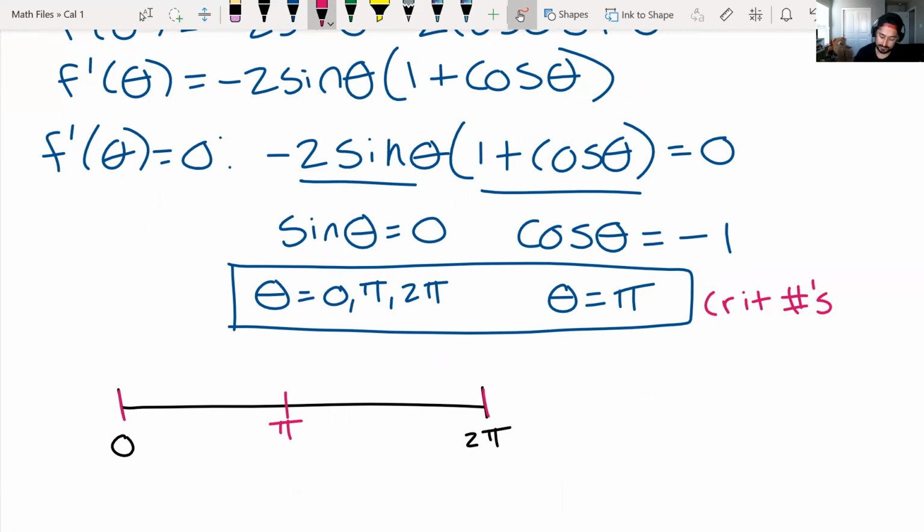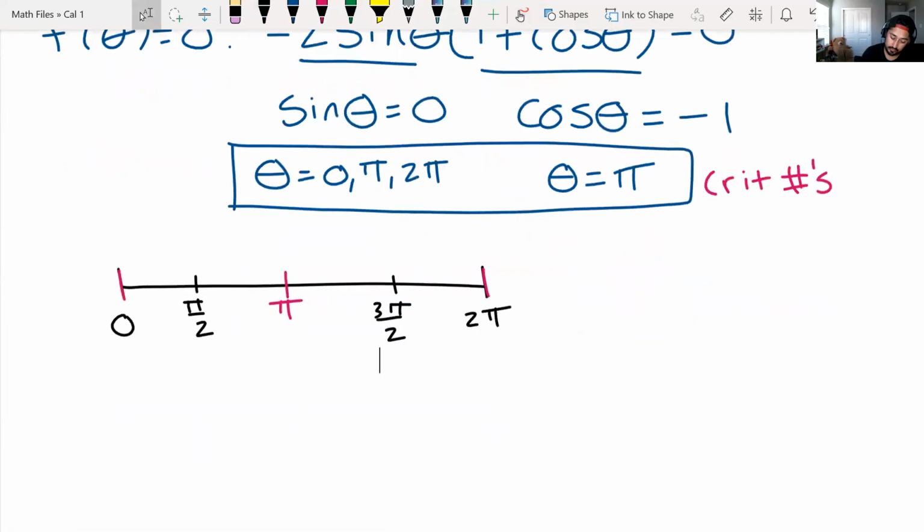Wow, that's nice. Which means that if I wanted to put some other parts of the unit circle on here, this would be pi over 2, and this would be 3 pi over 2. So it just gives us what values to pick, which means that here my intervals are from 0 to pi and pi to 2 pi.